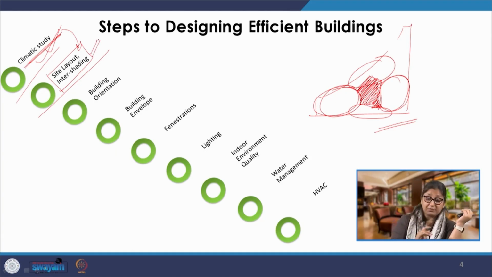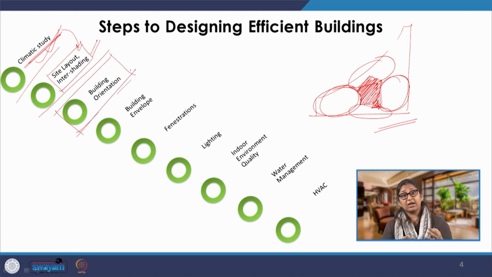intershading. Then we move on to building orientation, how the building has to be placed. Different orientations have different impacts. What is the longer side facing? Do we require a lot of south side facing? Now, it also depends upon which hemisphere of earth we are in. If we are in northern hemisphere, we know that the sun predominantly comes from the southern side.